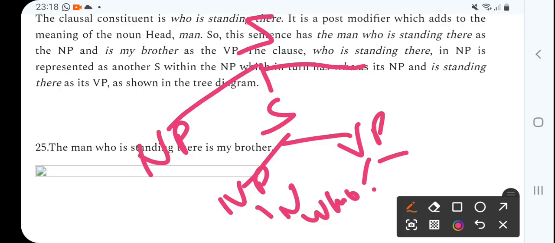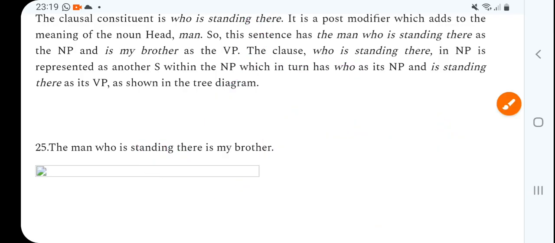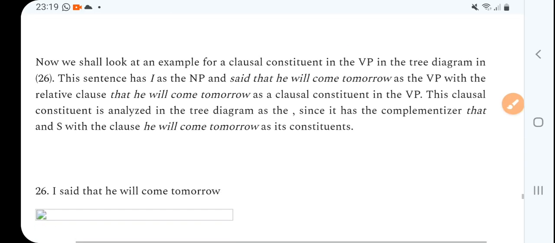So that is the verb, "standing" is the main verb, and then "there" is an adverb, so that's an adverbial phrase, right? And then "is my brother". So this way, I think the diagram is not there.